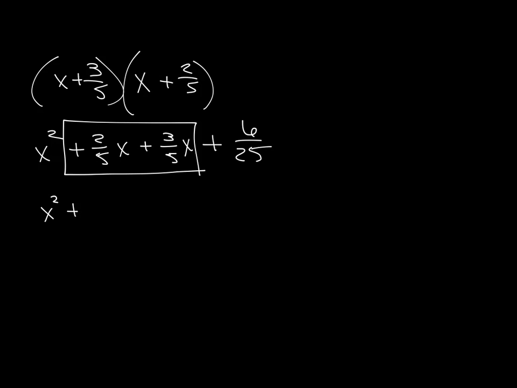So, since I already have common denominators, I can just add the 2 plus 3 and get 5. Remember, your denominator does not change. And 5 over 5 is just 1, so that can go away. And we end up with x squared plus x plus 6 over 25. Alright, so the rest of them just use the FOIL method, and you should be good there.